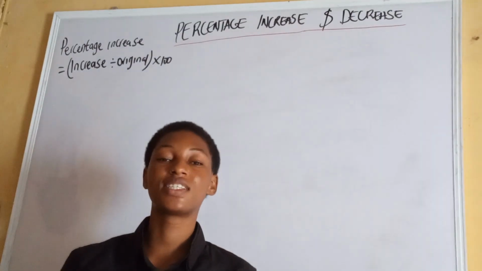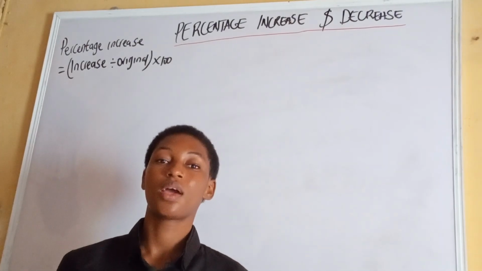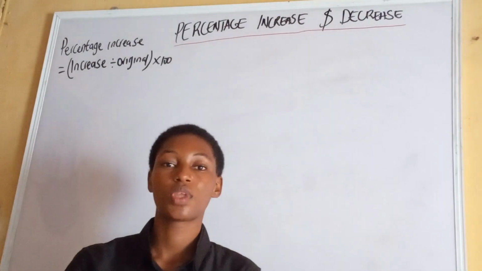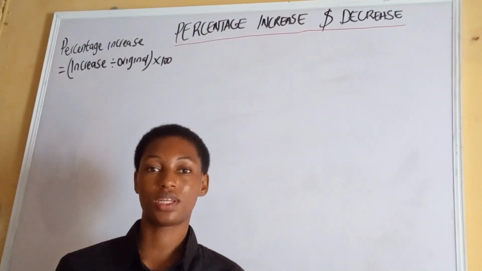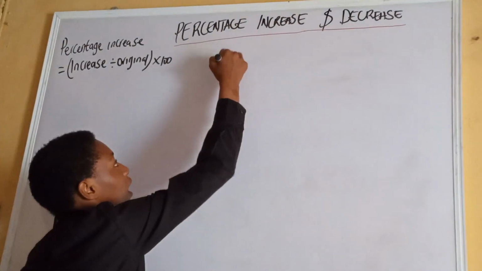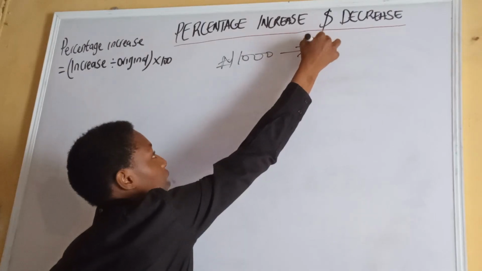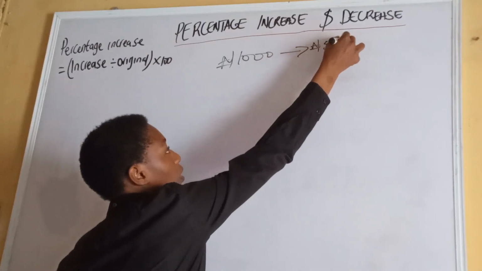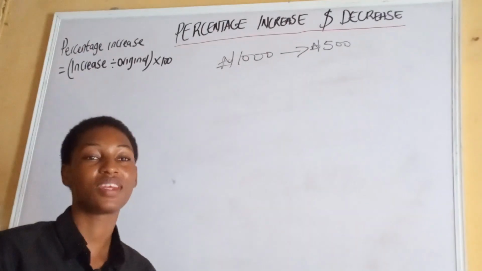So for percentage decrease, the case is a little bit different, not that different, but it's still the same analogy. So imagine if your pocket money decreased from 1,000 naira to 500 naira. That's a massive decrease. Imagine going from 1,000 naira to 500 naira.